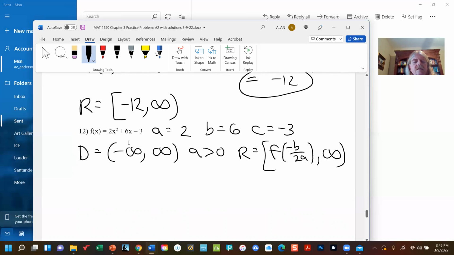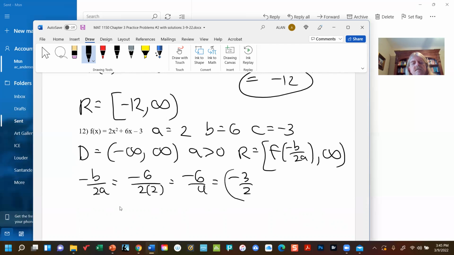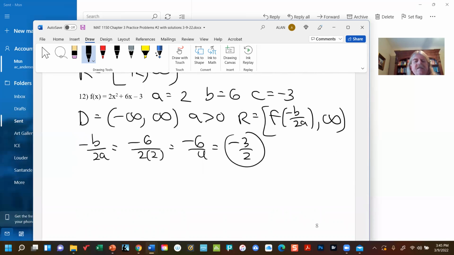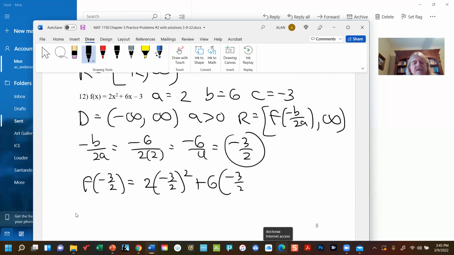All right, so let's see, negative b over 2a in this case, -6 over 2 times 2. And therefore, f of -3 halves is 2 times -3 halves squared plus 6 times -3 halves minus 3.